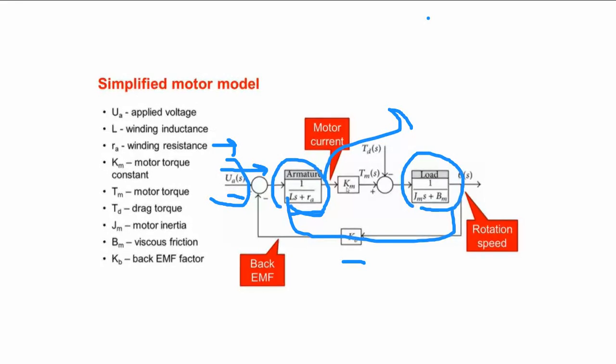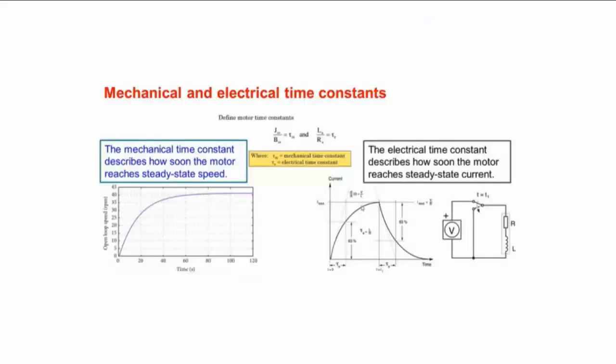So back EMF, I said. If you take a motor and spin the shaft, when you are not connected to the terminals, you can see it generates a voltage. Okay, on your screen you can see.